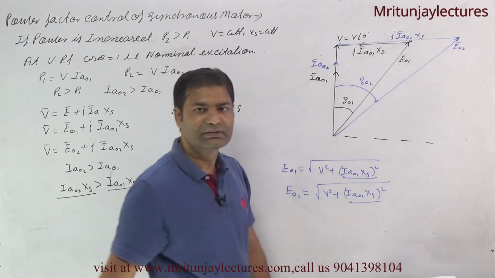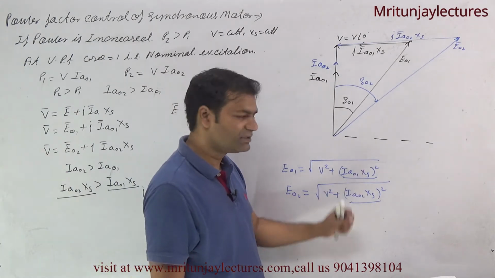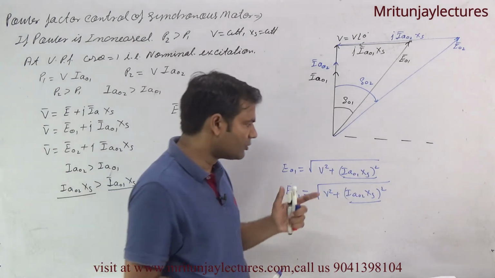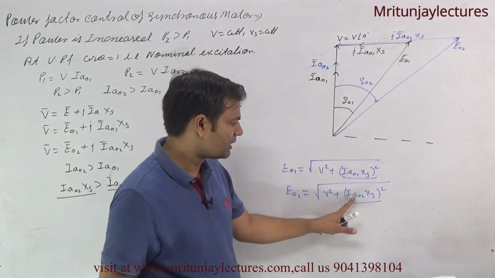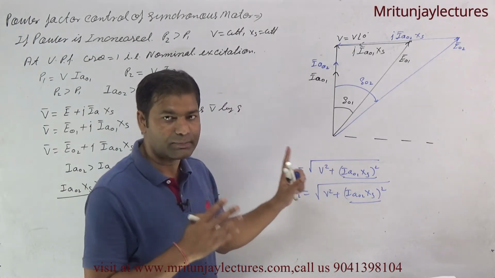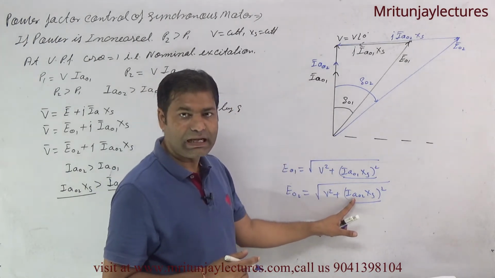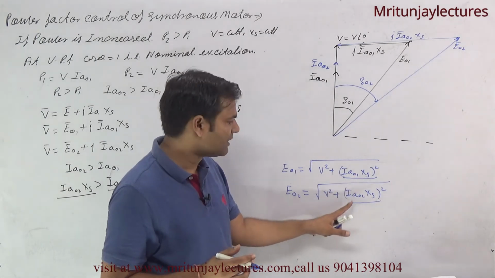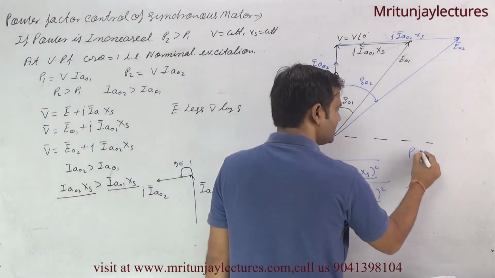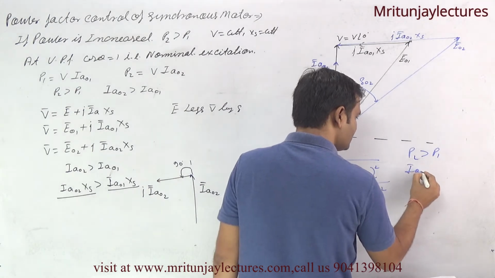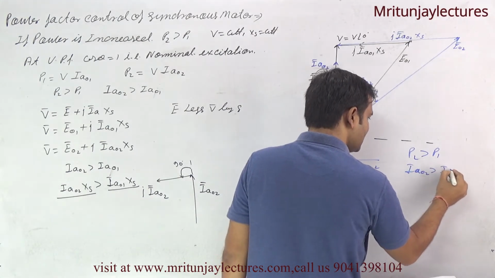Why? Because the nominal current corresponding to power P2 is greater than that for P1, since P2 is greater than P1, so IA02 is greater than IA01.